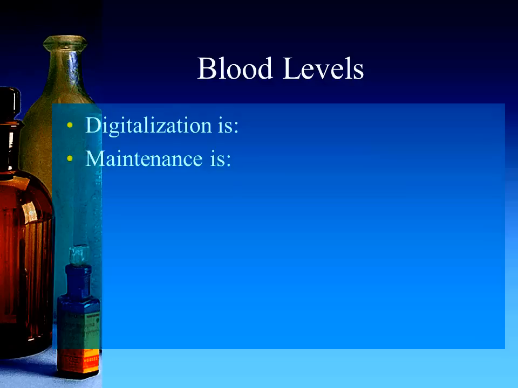So digitalization is that initial loading dose, getting the blood level up as quickly as we can, and then maintenance is the dose that we use to keep the blood levels sustained throughout the rest of the person's life. So with that, you should have a good idea of what the common disorders are that we're going to be dealing with throughout the pharmacology of the heart, and be able to have now wrapped your head around the classification of cardiac glycosides.